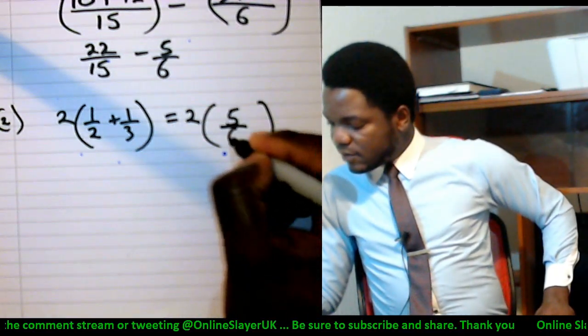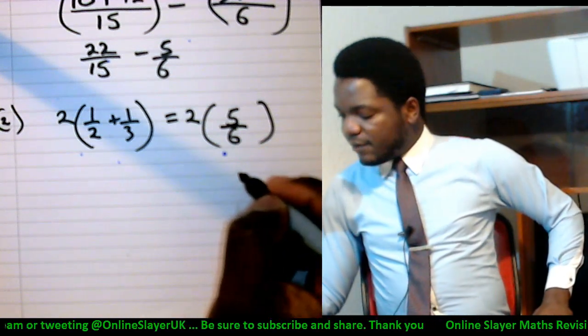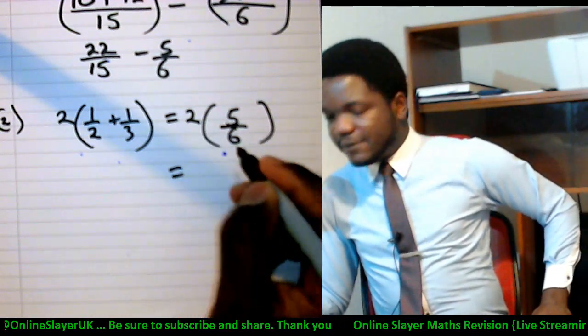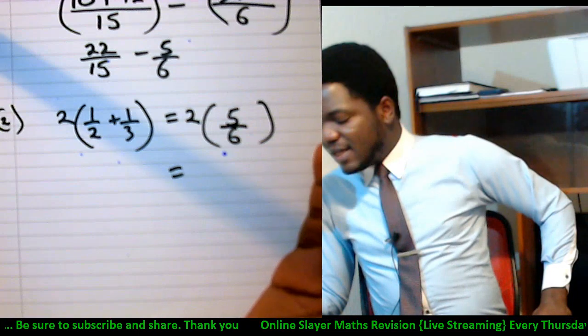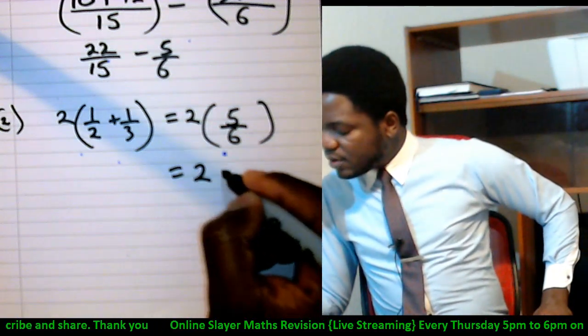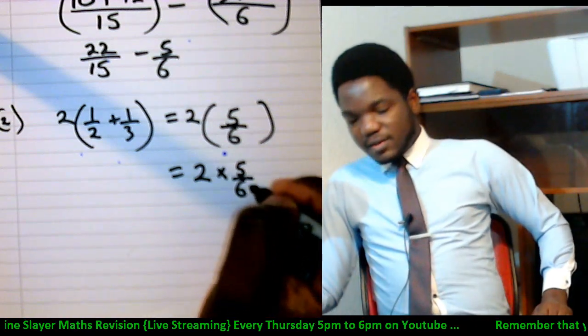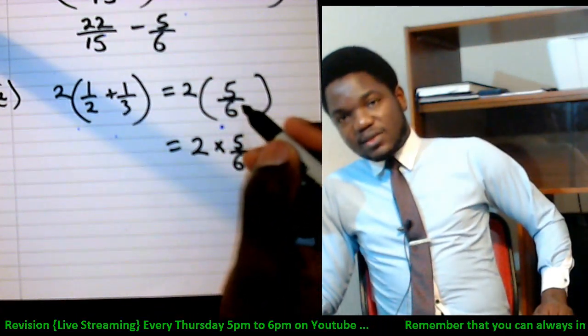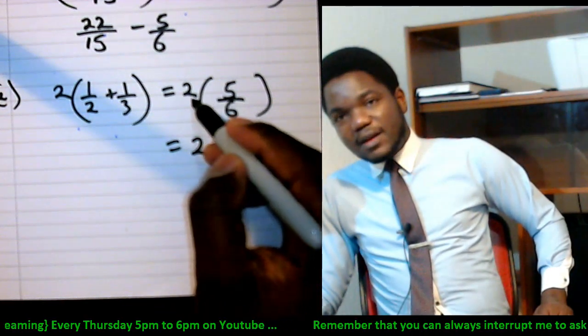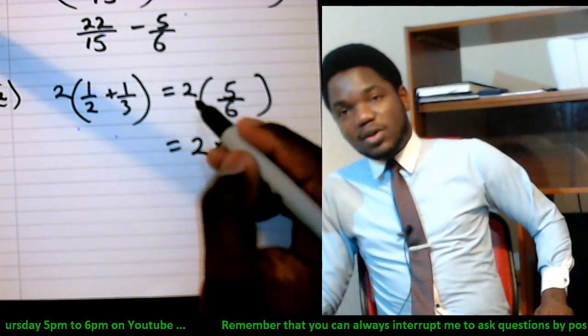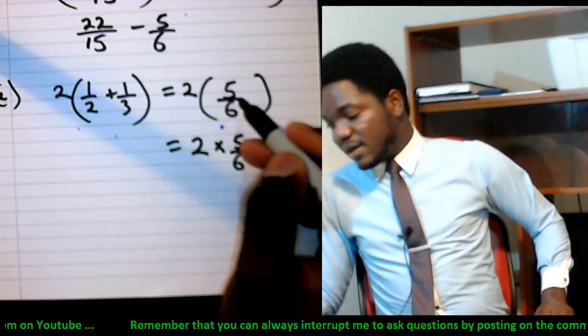So 5 over 6. Now, if you have that, what does 2 into bracket 5 over 6 mean? It means that 2 times 5 over 6. So that's what bracket means as well. It also means if there is a number in front of a bracket, it means it's multiplying the content of the bracket.